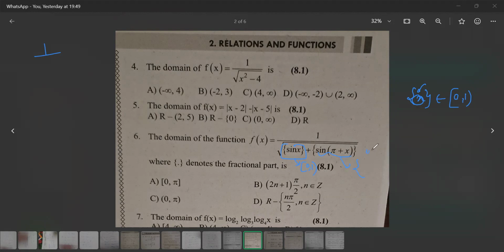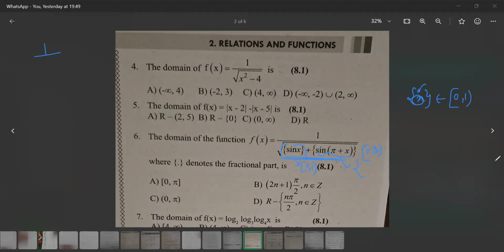So we only have to check when these two functions are together 0, for which value of x this denominator is 0. That we have to exclude. Except that value, each value will be acceptable here.